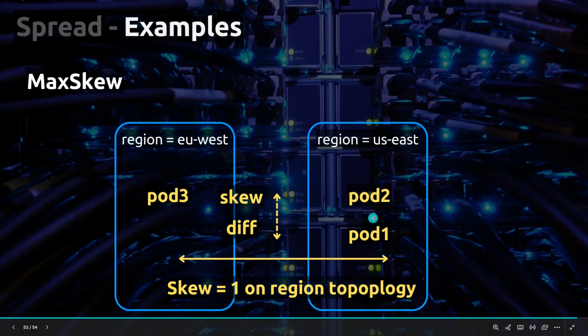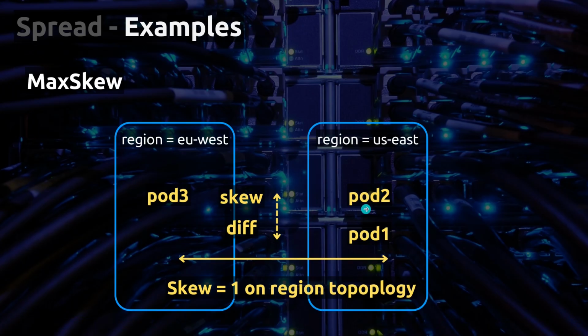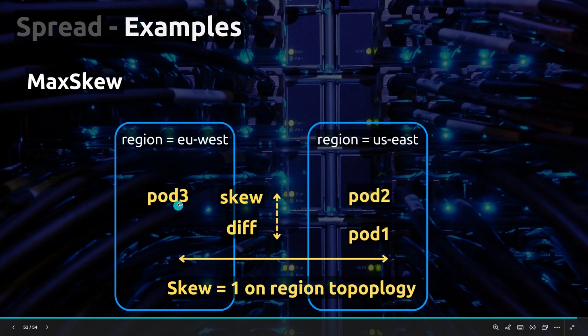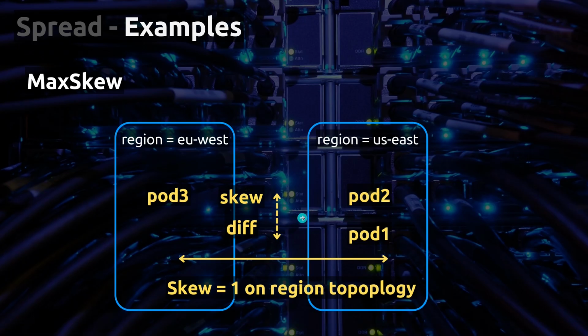That means that I can't add a pod on the US East, because if I do that, I will have 3 pods here, 1 here, and my skew will be equal to 2. So with that, I enforce in fact the pod 4 to go here.